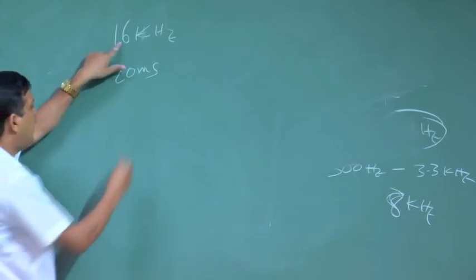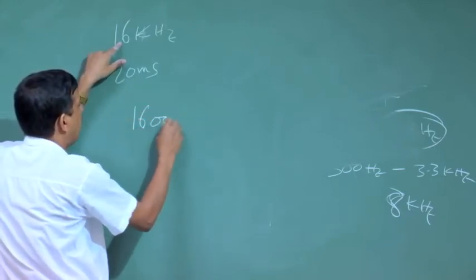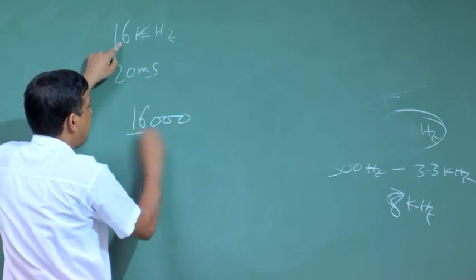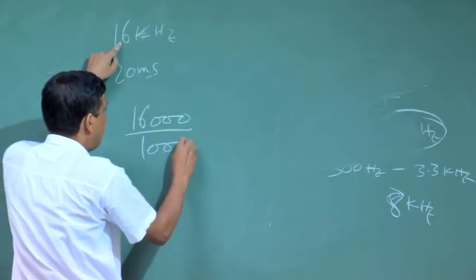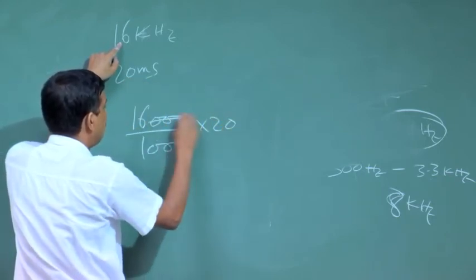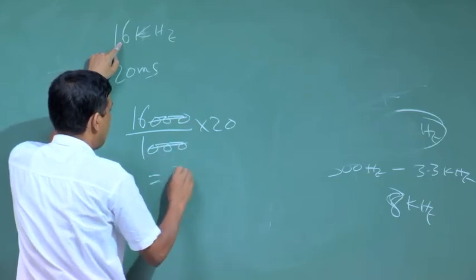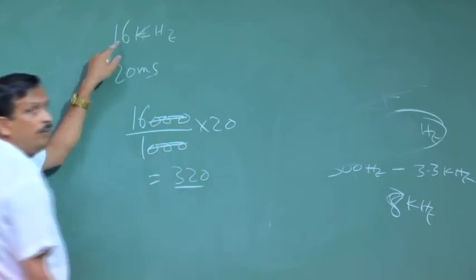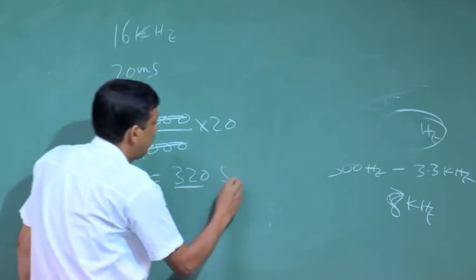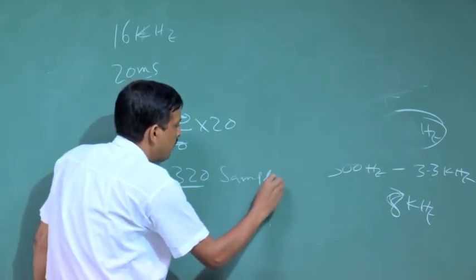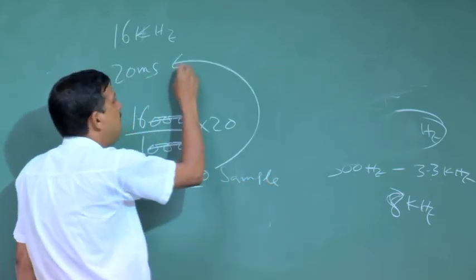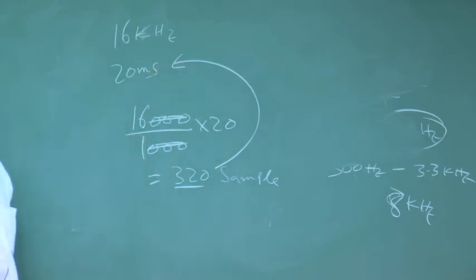So, in 1 second there will be 16k samples. In 20 milliseconds, 16,000 into 20 milliseconds, 320 samples. So, 320 samples represent 20 milliseconds.